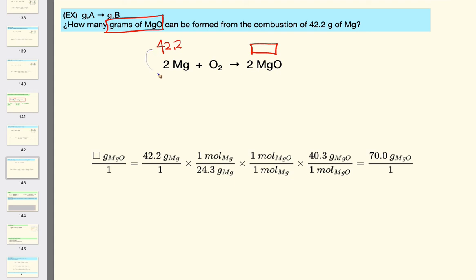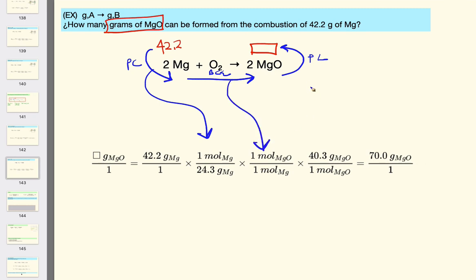We're going to go from grams of magnesium to moles of magnesium to moles of magnesium oxide to grams of magnesium oxide, using the periodic chart to find these values and using the coefficients in the balanced chemical equation to work that conversion factor. Realize that you have 1 conversion factor, 2 conversion factors, 3 conversion factors to get to your answer.